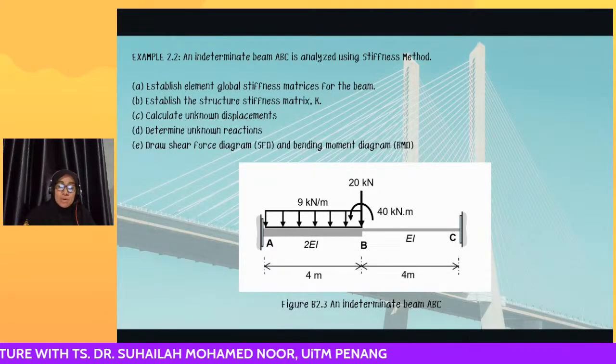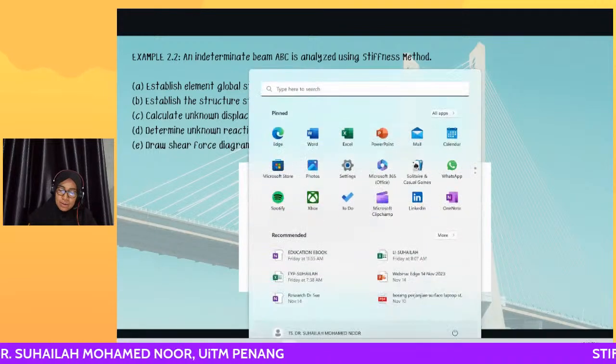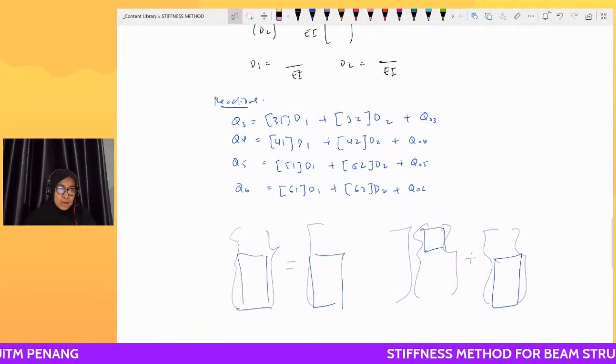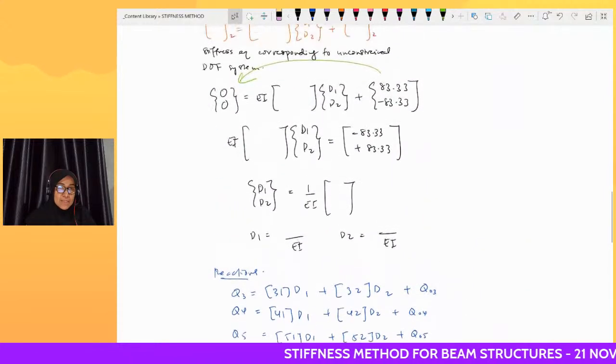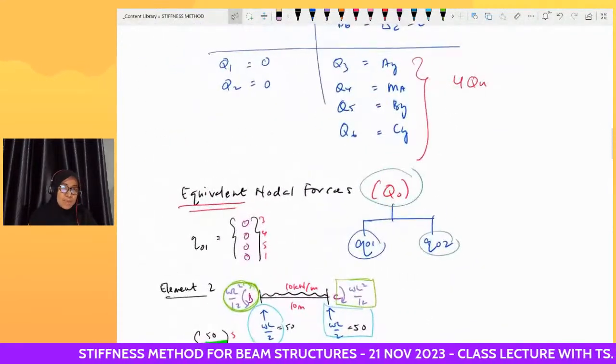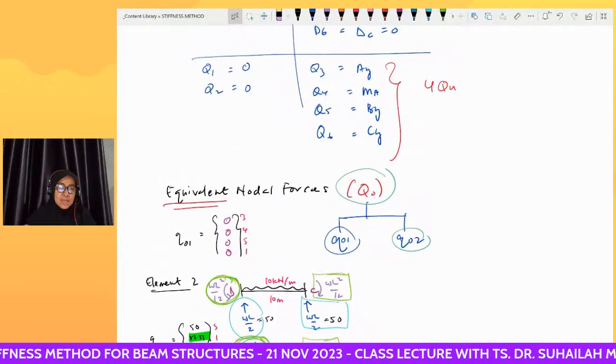Every group. Just for group D1, because this is the first time, right? So you just try to understand this example first. Try to understand this example.